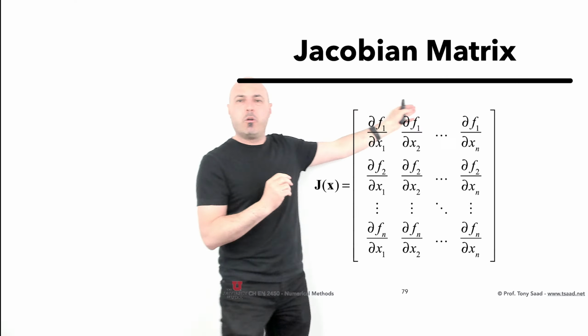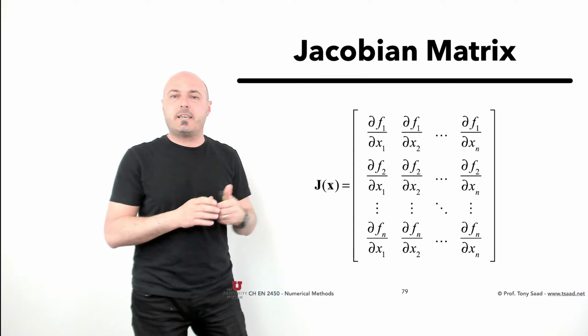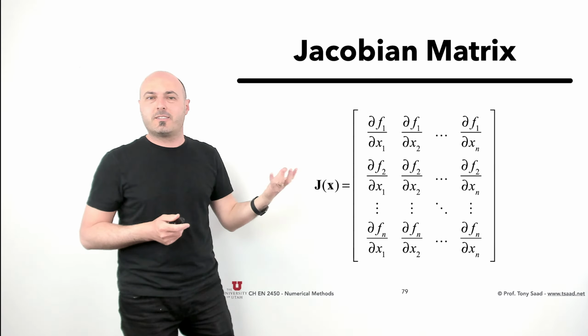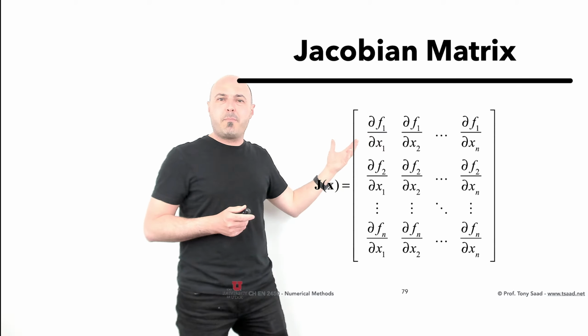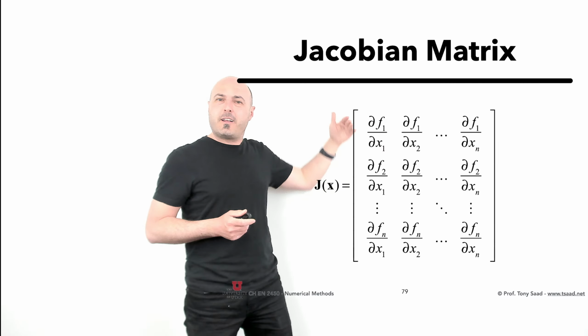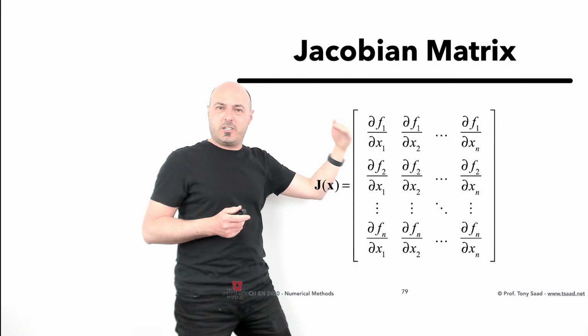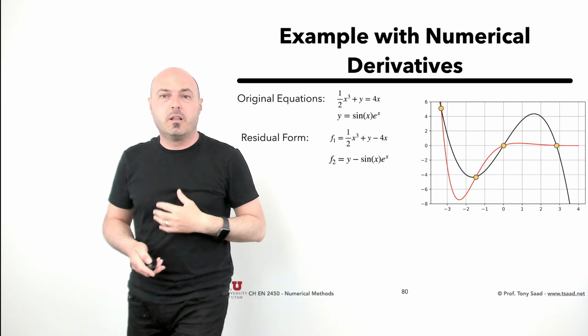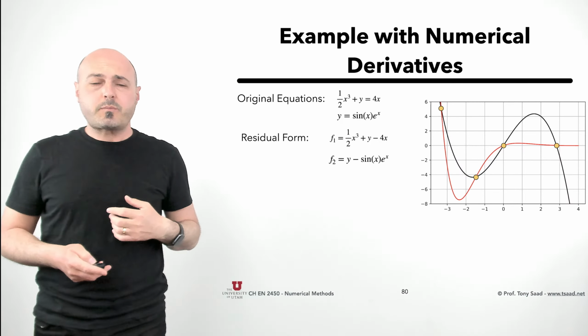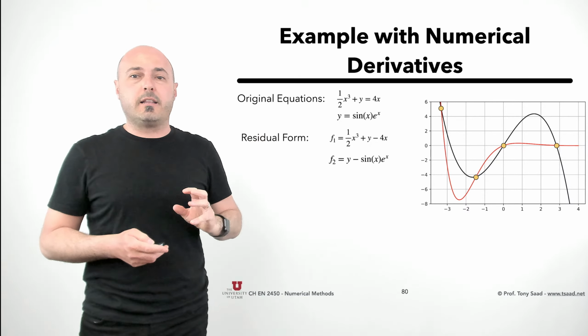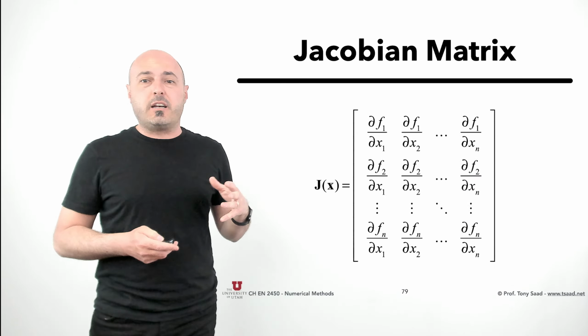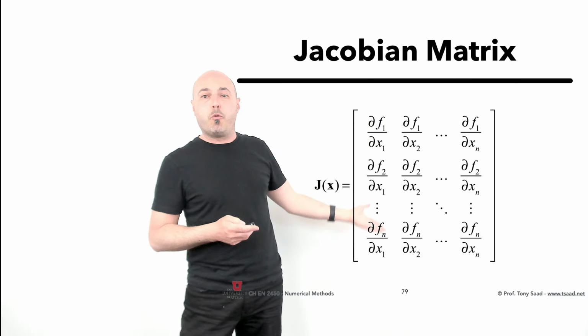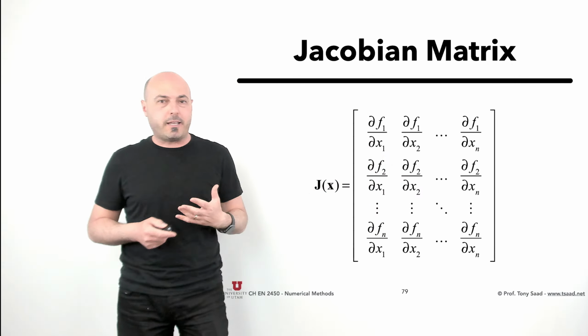So remember, all of those derivatives are going to be evaluated at the previous iteration or the previous guess. So they describe the tangents, okay, in all the different directions within this multi-dimensional system of equations. One other little hint is that, in general, doing this Jacobian analytically can be complicated.